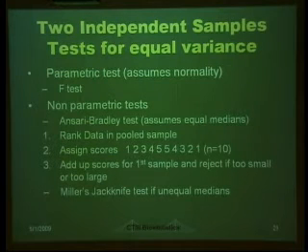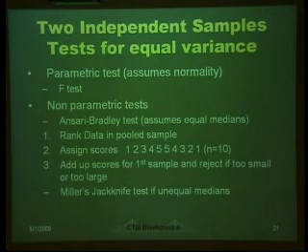There are two sample tests for comparing two variances, if that's what you're interested in. The parametric test, again, it assumes normality, is an F-test, where you look at the ratio of the two sample variances. The non-parametric test here is what's called the Ansari-Bradley test.